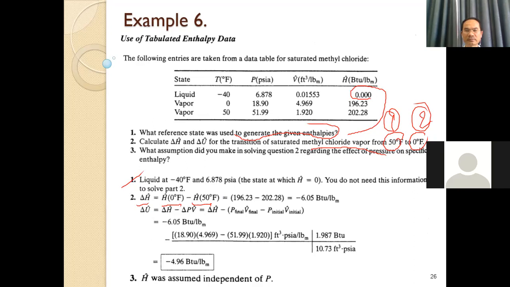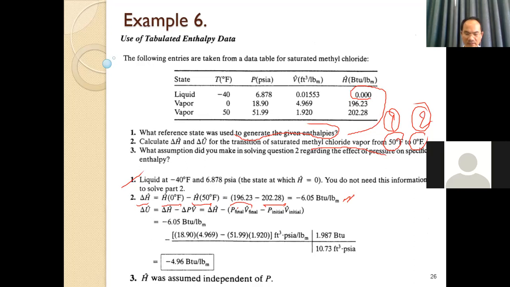You get 202 for this. That's why we use the reference.